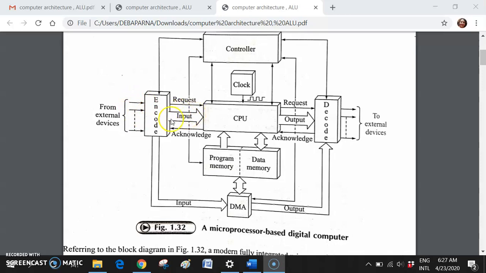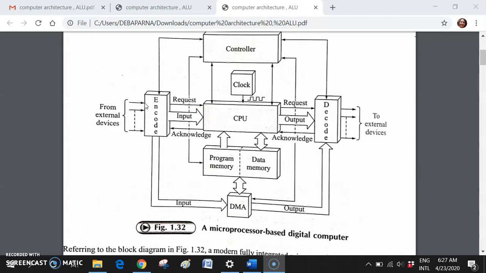So this is the data line, and obviously a data stream will be produced for different devices, as you have already studied in the encoder. Suppose, what is decimal 1? That is 001. What is decimal 2? 010.